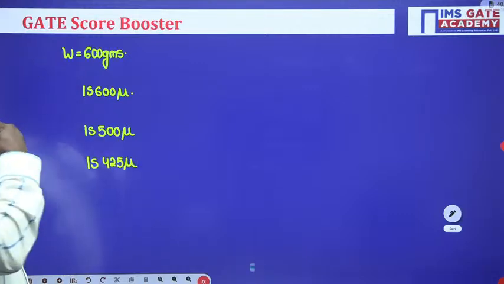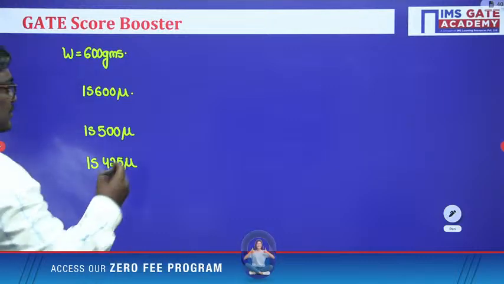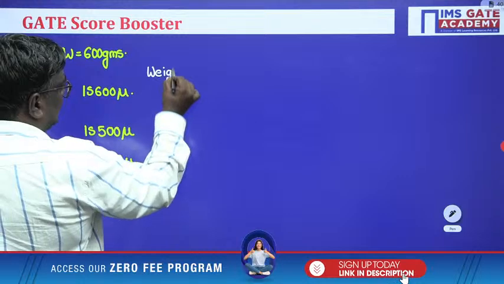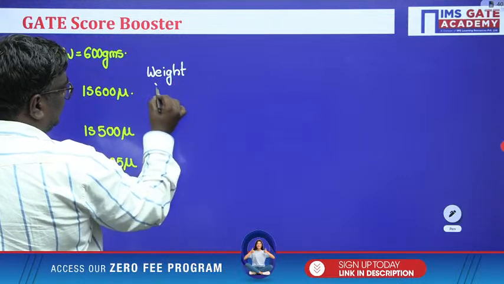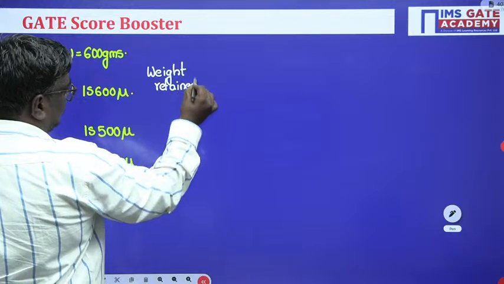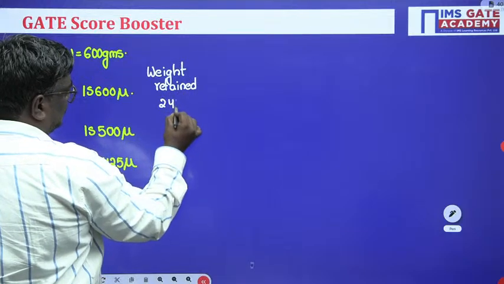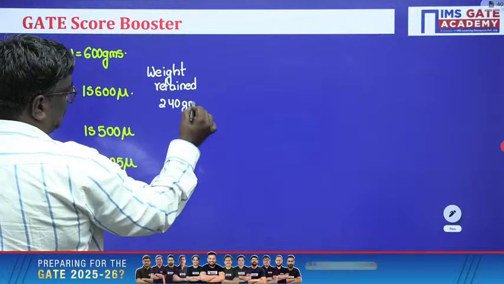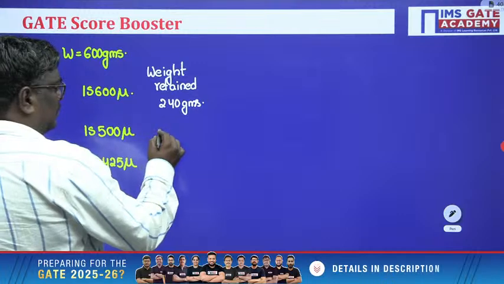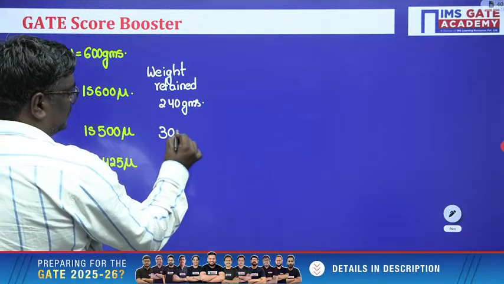Now if you see here, the weight retained they have given. The weight retained is how much? Here it is 240 grams. And here, for IS 500 micron sieve, it is 300 grams.